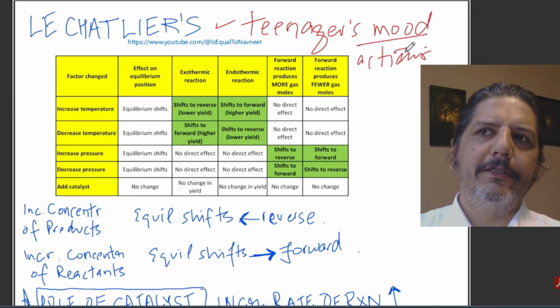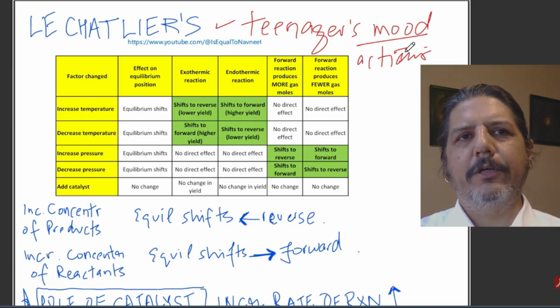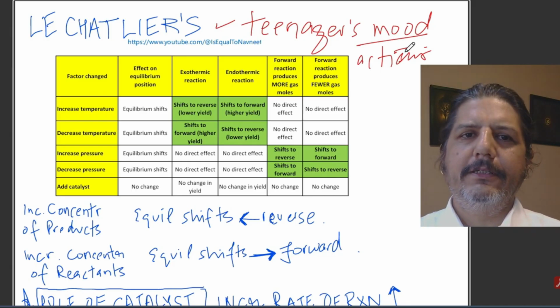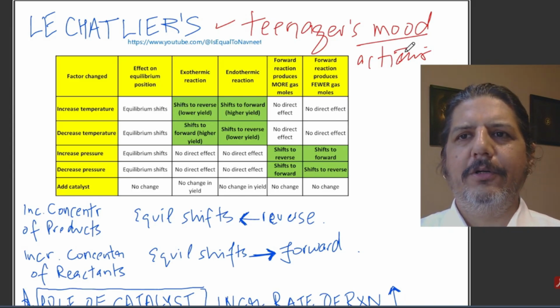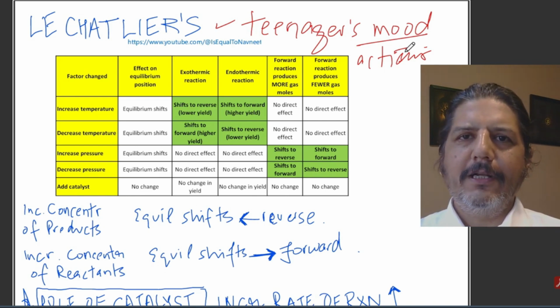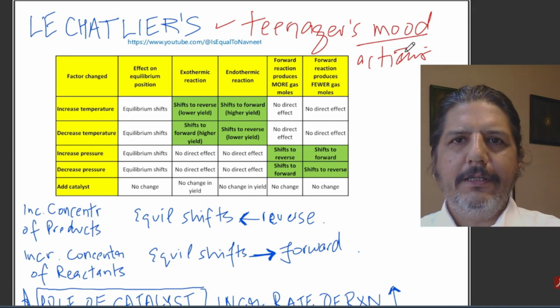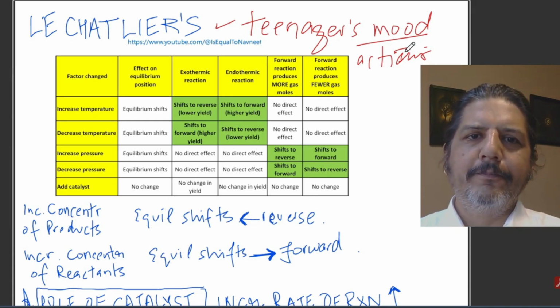So how will a teenager behave? A teenager has a very typical way of acting. If the parent says that you have to study, the teenager will not like to study. But if the parent says, okay, go out to play, or don't study, a teenager will act in the opposite direction. So a teenager will always react opposite to what his or her parent is saying. That in short is Le Chatelier's principle.